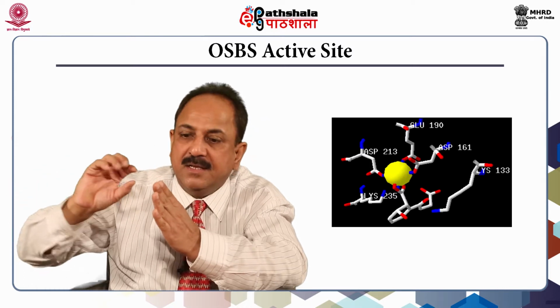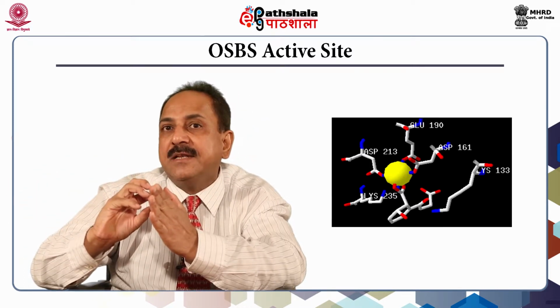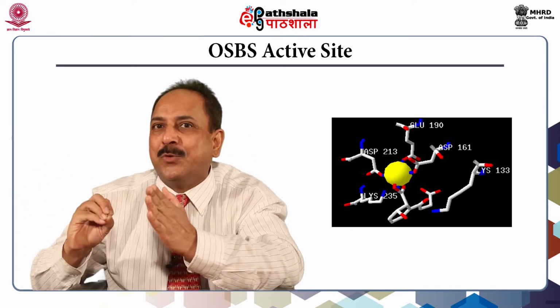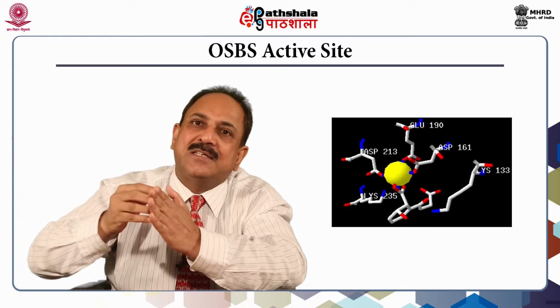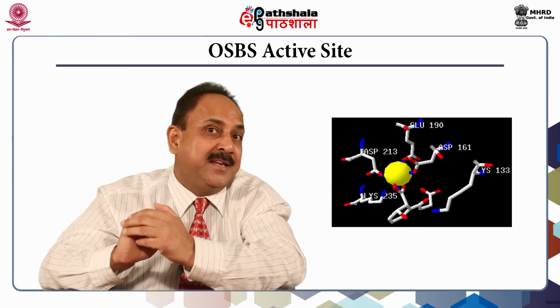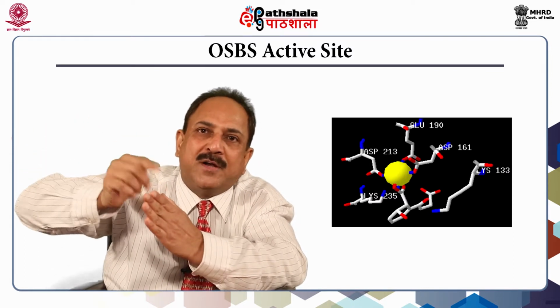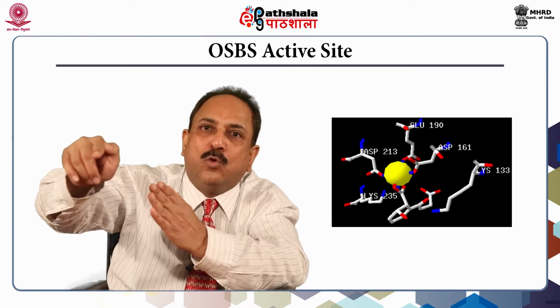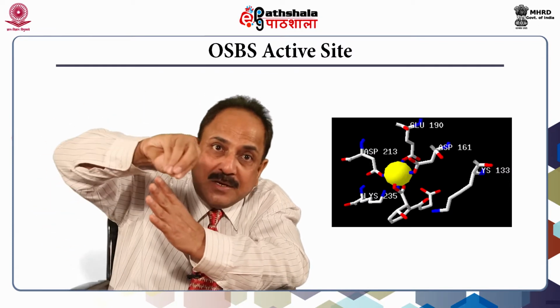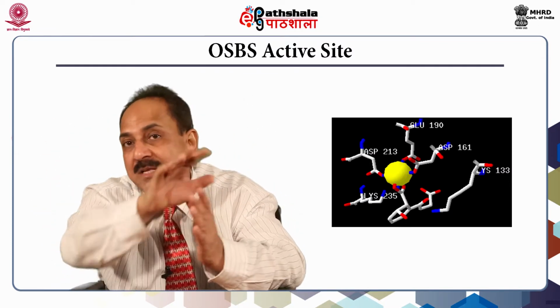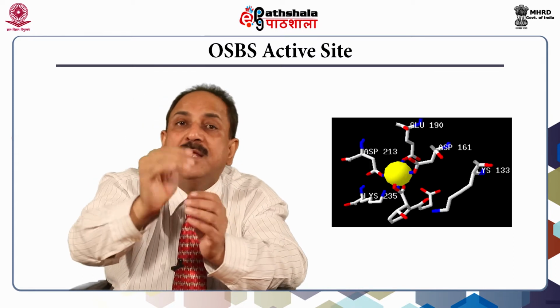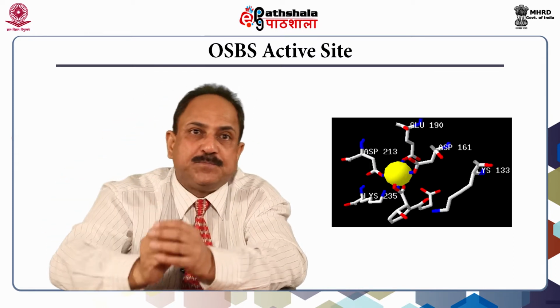From this side, lysine 133 abstracts a proton so that a negative charge, that is an enolate anion, is formed, and this then goes on to form a double bond, wherein the double bond in the carboxyl group breaks, and lysine 235 helps in that, and therefore the charge is distributed here.